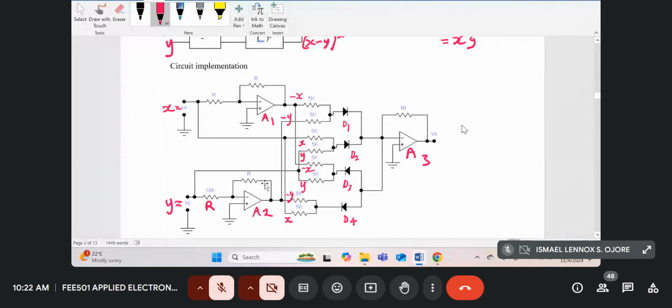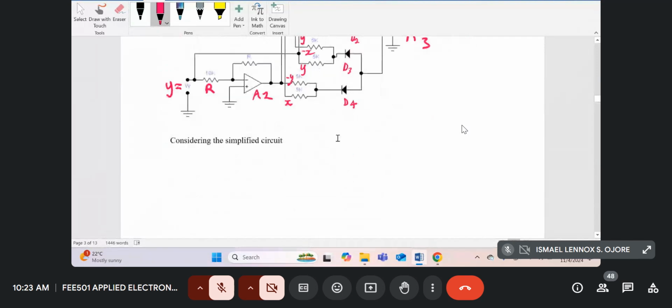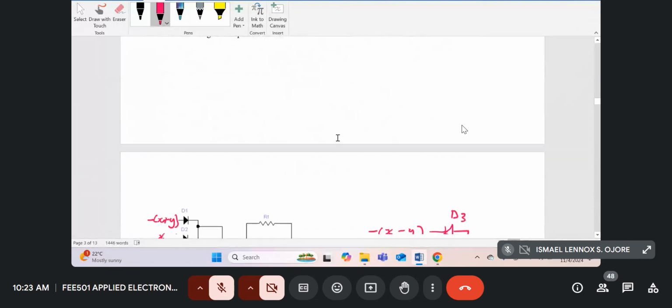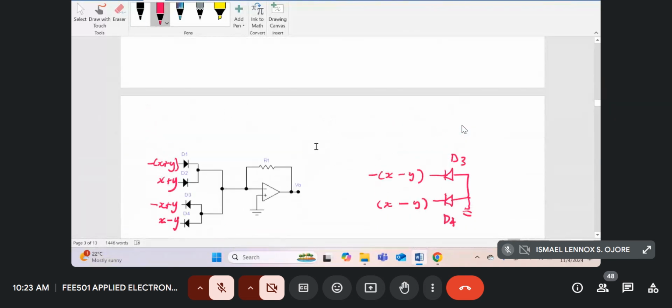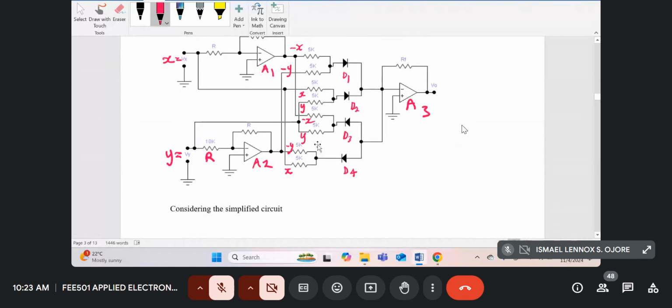Now to make the analysis simple, we'll simplify this diagram, starting at the outputs of the op-amps A1 and A2. So consider a simplified circuit. These are the four diodes, D1, D2, D3, D4. For the top diodes D1, D2, current will flow from left to right.